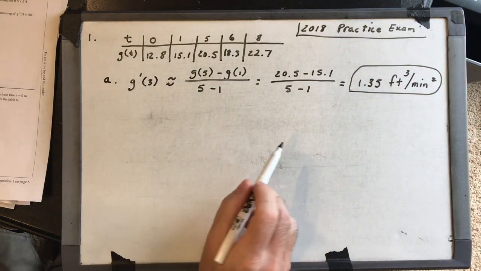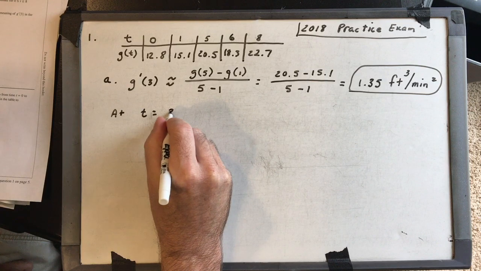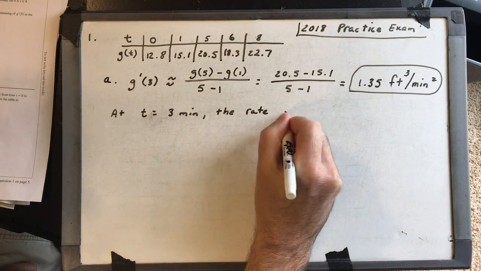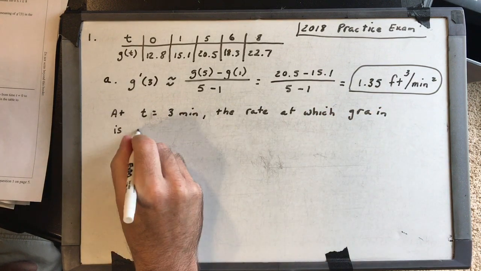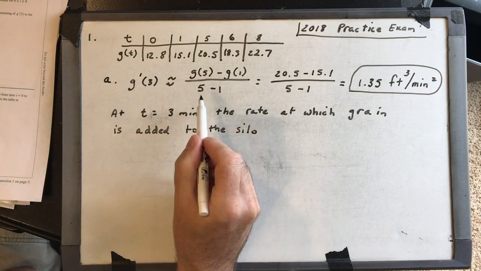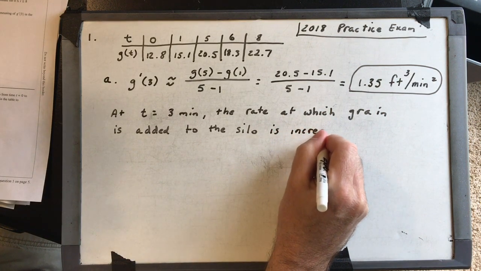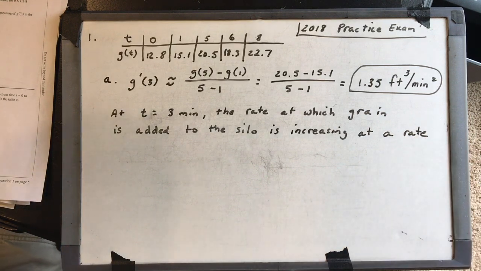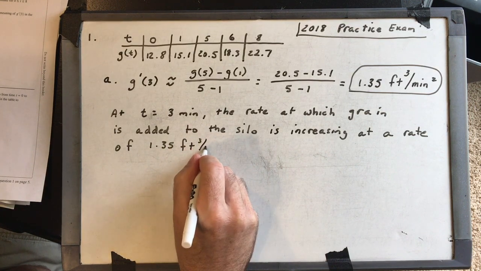Okay, so another very important part though is, what does that mean? The explanation would be, at t equals 3 minutes, the rate at which grain is added to the silo, since the derivative is positive, is increasing at a rate of 1.35 cubic feet per square minute.